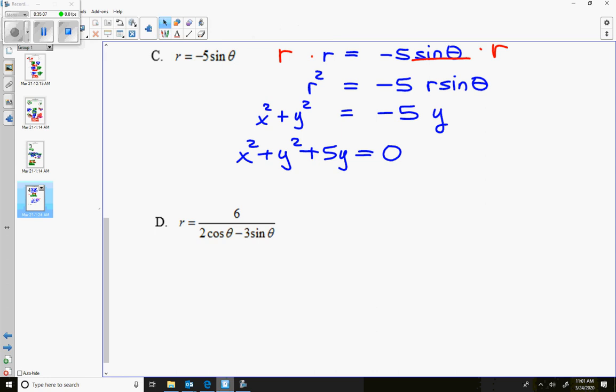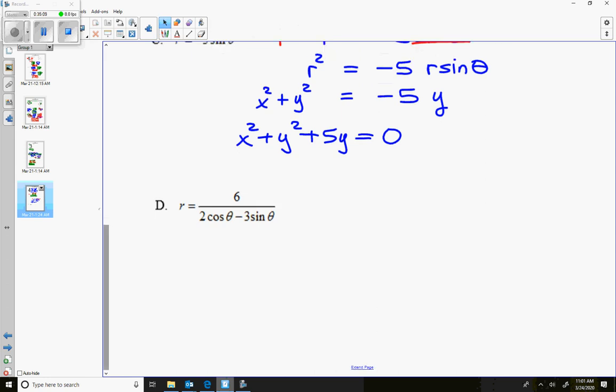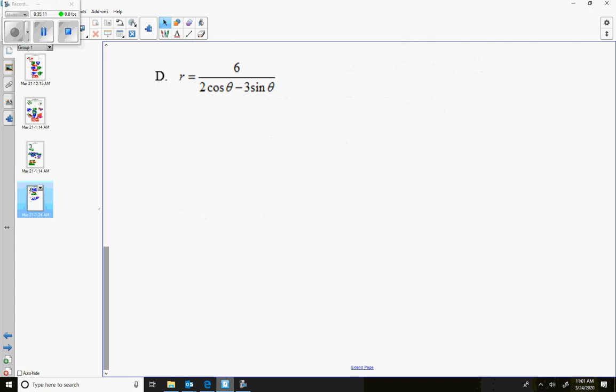All right, and the last problem in this list. All right, r equals. This one looks a little more interesting.